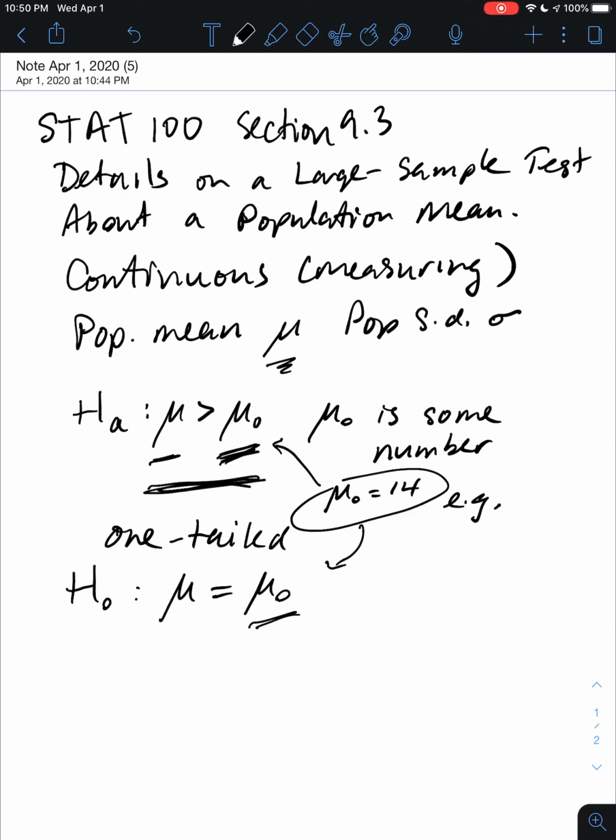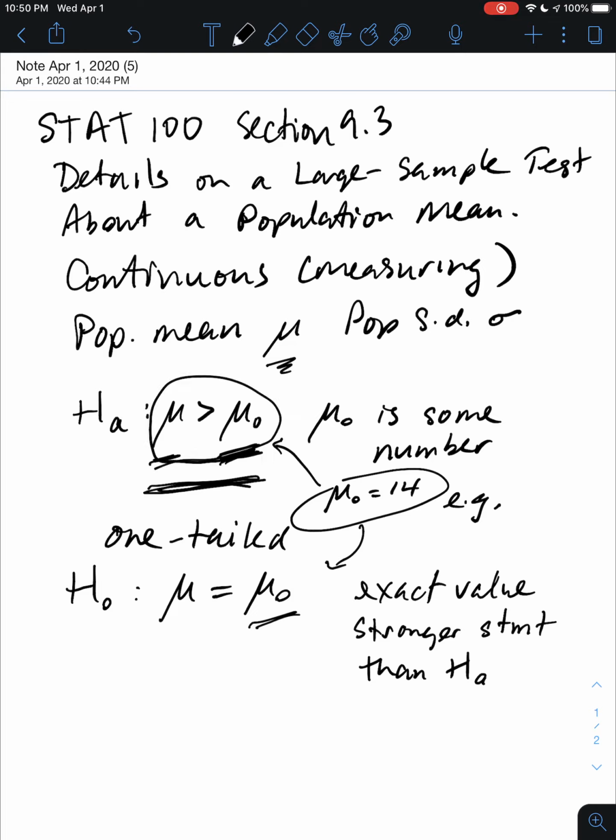Notice that this is an exact value. So it says something more than H sub a; it's a stronger kind of statement than the alternative hypothesis. The alternative hypothesis is kind of vague about what the value of mu is. It just says that mu is greater than something, so it could be 100, it could be 1,000,000. It doesn't really say.